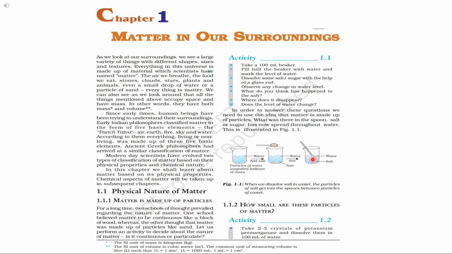The matter, here sugar, salt, and water, is made up of small particles. And particles of matter, here we can say water, have spaces between them. So when we dissolve salt in water, the particles of salt get into the spaces between the particles of water.